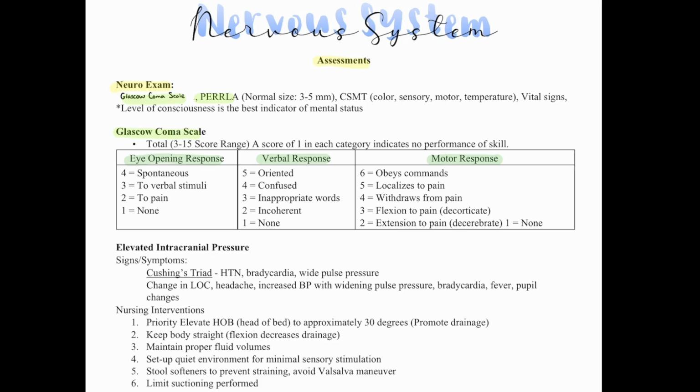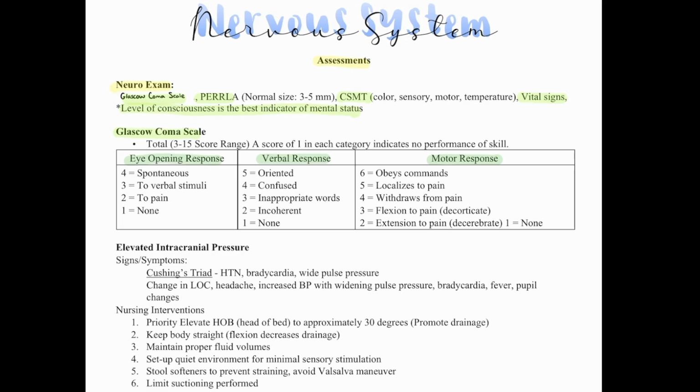That is what we're looking for with that. Then we're looking at color, sensory, motor, and temperature. We're also looking at vital signs. And we want to remember that the level of consciousness is the best indicator of mental status.